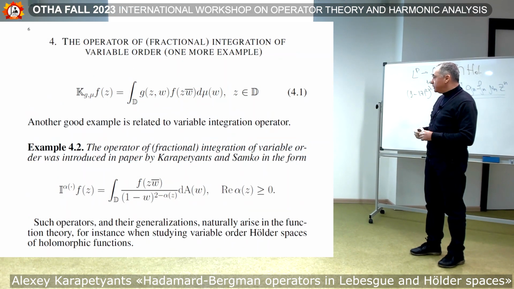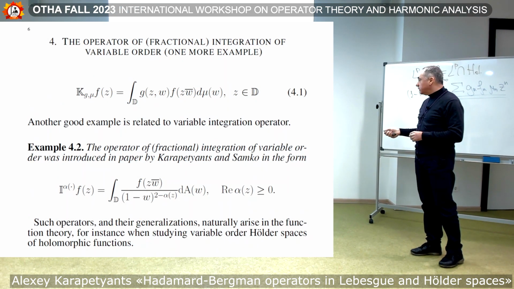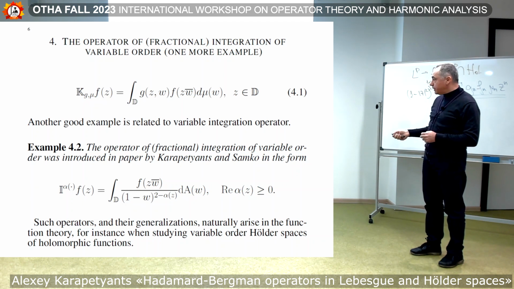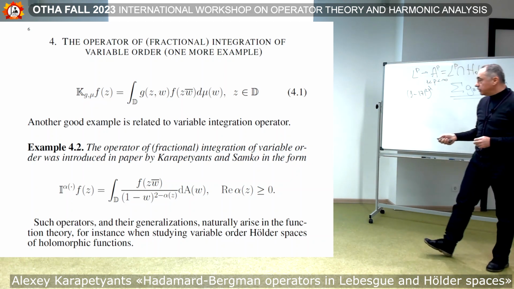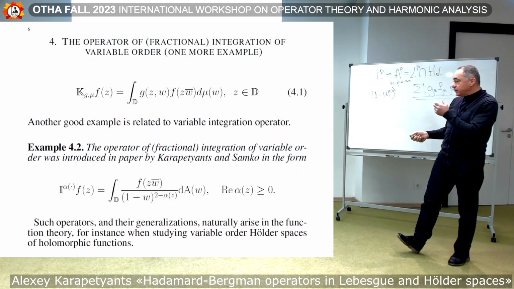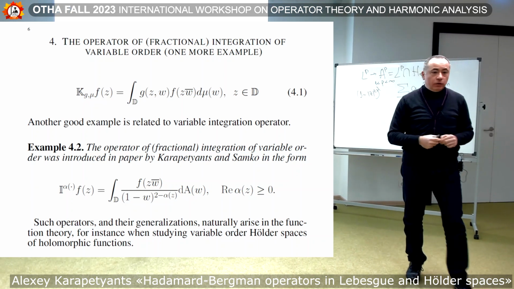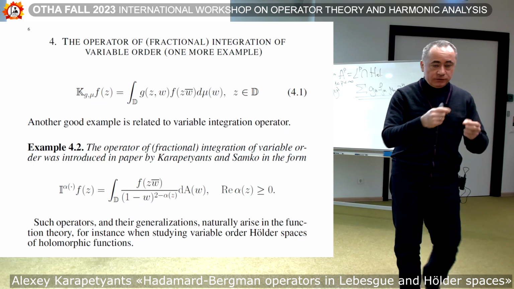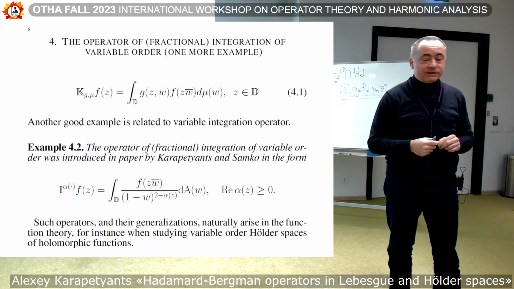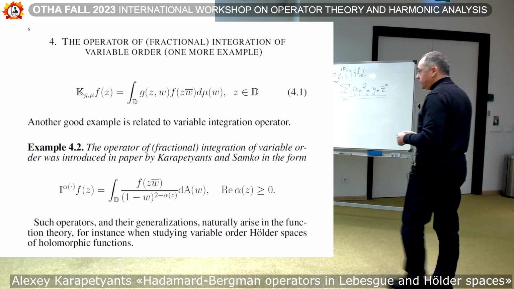Okay, one more example is given by fractional integration of variable order. This operator, also introduced in papers with Samko, is the so-called operator of variable order integration. And it's very important when studying, again, Hölder spaces of variable order, because it has very nice mapping properties. I will speak about these mapping properties later. So this is another example.